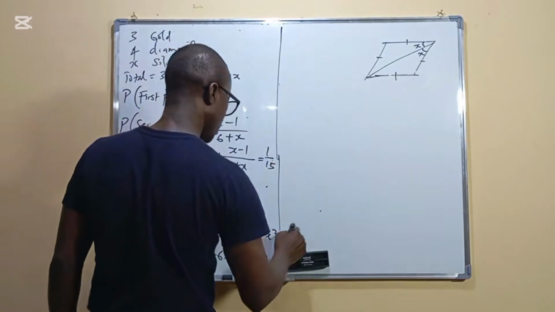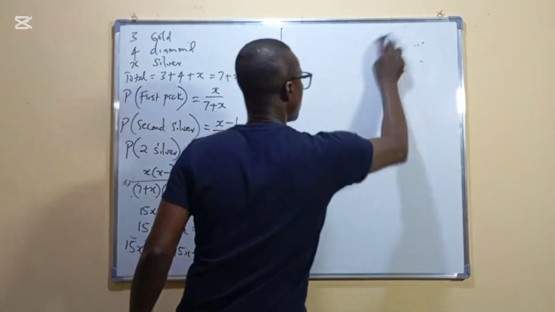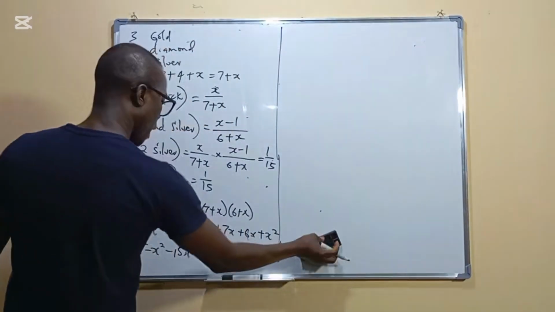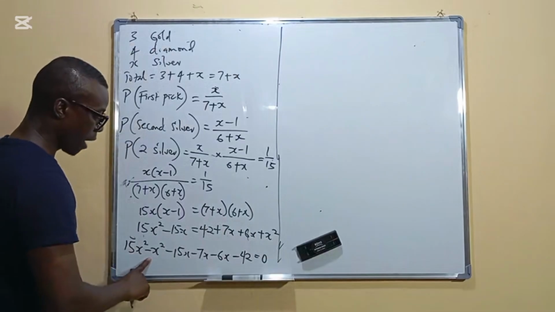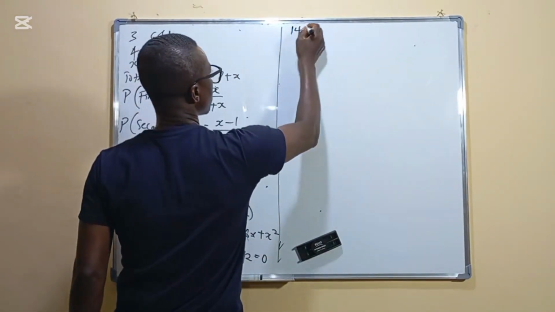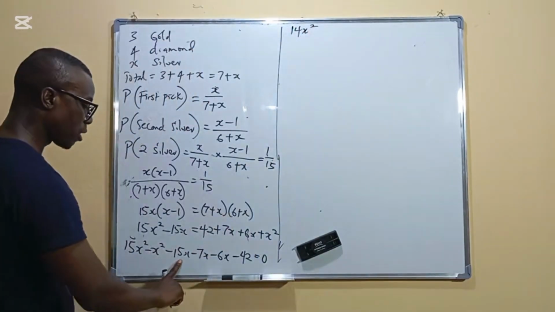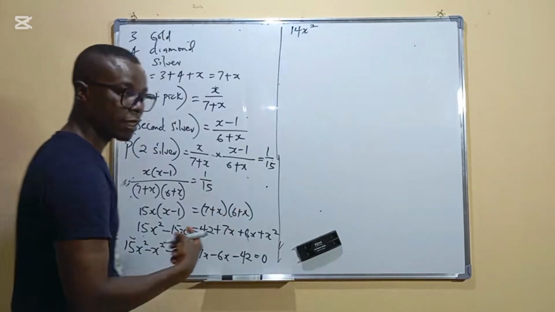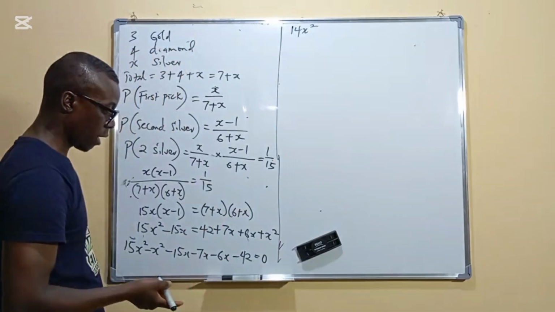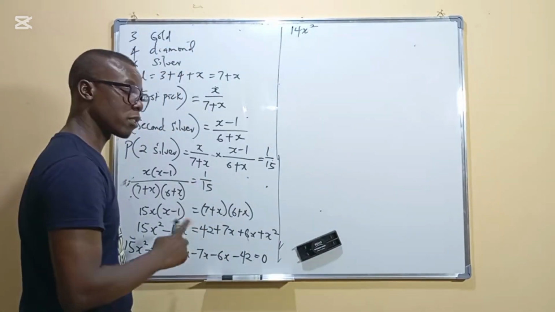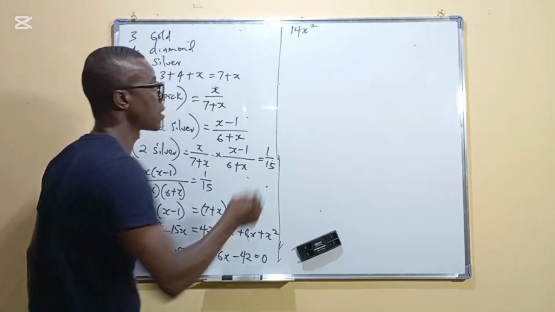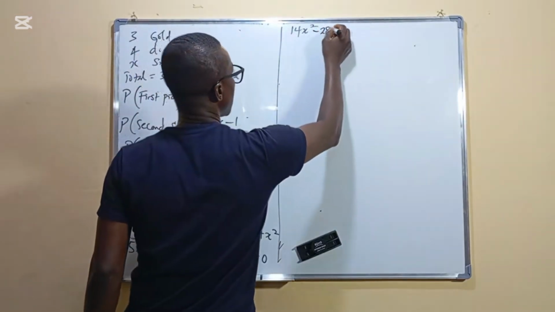Now, having this, we are going to have 15x squared minus x squared, that gives me 14x squared. Now, minus 15x minus 7x minus 6x gives me minus 28x.